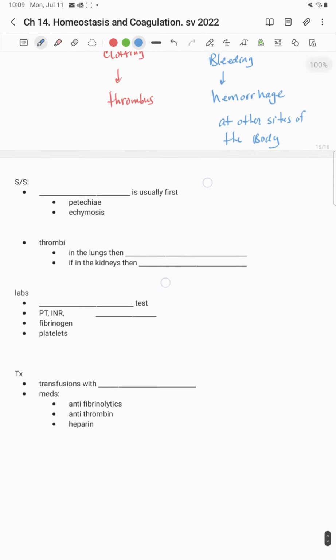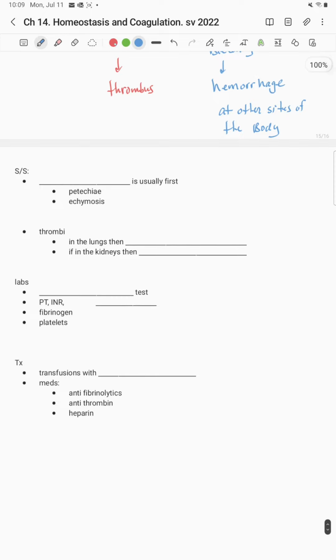Okay, signs and symptoms. Bleeding is usually first, and they can present with petechiae and ecchymosis. Can also get swelling in the lower legs.